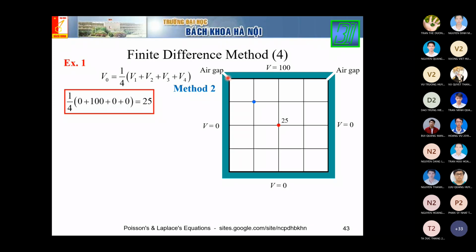Now please take this one down to your notebook. The potential of the air gap will be the average value of the two neighboring potentials. So the potential of the air gap here will be 100 plus 0 over 2, which is 50. Okay. So finally, the potential one will be 100 plus 50 plus 0 plus 25 over 4.